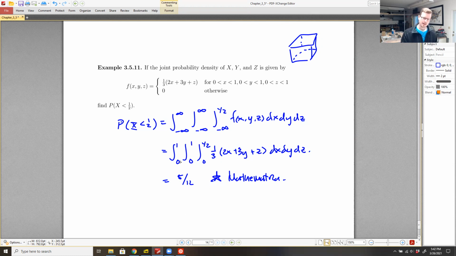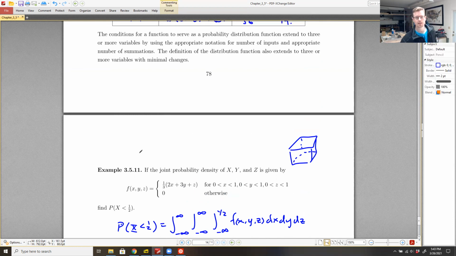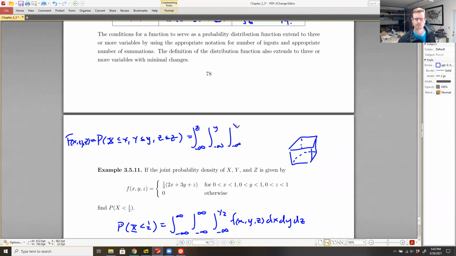But we want that, and then for the cumulative joint probability distribution, if we're talking about the probability that x is less than or equal to x, y is less than or equal to y, and z is less than or equal to z, it would be the integrations from -infinity to z, -infinity to y, -infinity to x, f of s, t, u ds dt du.